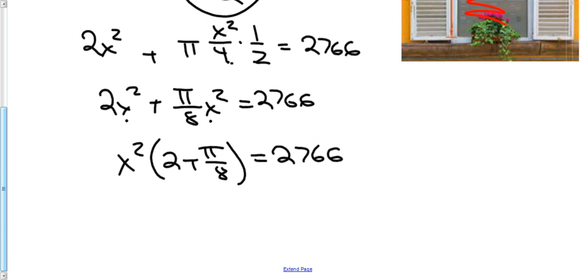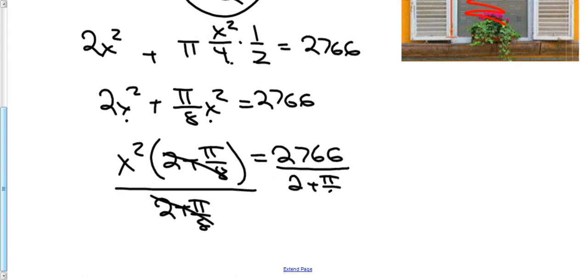Now, this shouldn't be too intimidating. I could divide both sides by 2 plus pi over 8, or I can change that into a decimal. I'm just going to divide it out right now to be more accurate. Divided by 2 plus pi over 8.